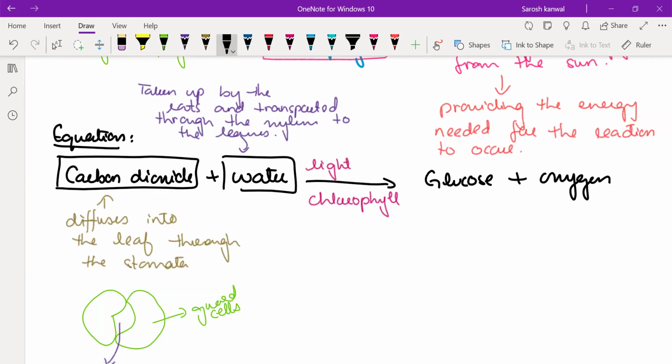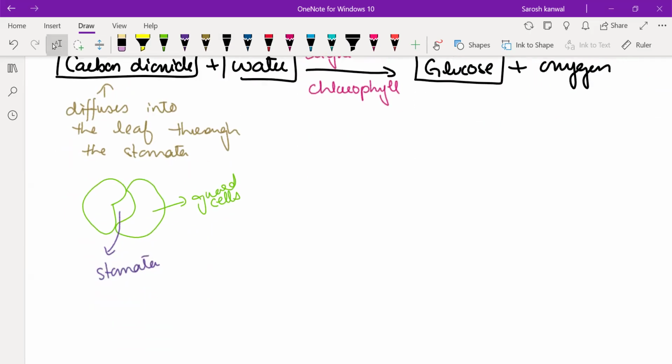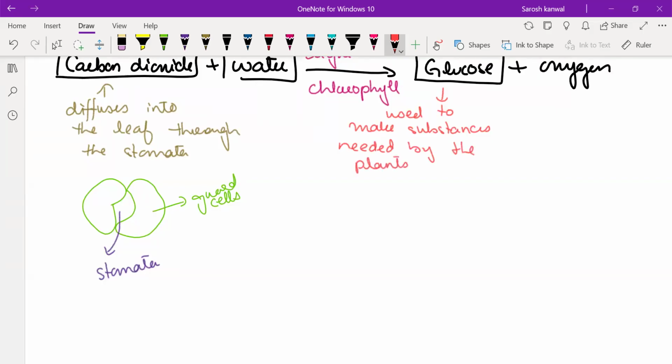And this glucose is used to make the substances needed by the plants, right? And also we know that it is used in respiration as well to release energy.